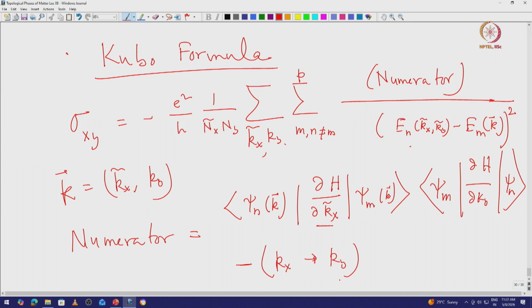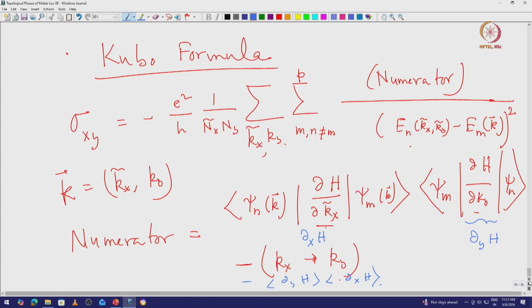This is the band velocity along the x direction and the band velocity along the y direction. So now you can start recognizing that this is like a derivative along the x direction in momentum space, this is like a derivative along the y direction, and then there is a minus y-direction derivative and x-direction derivative.